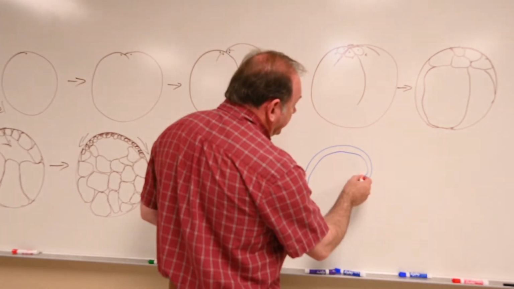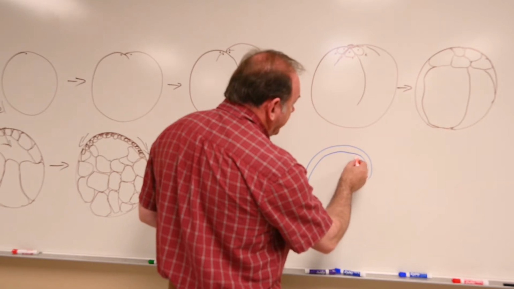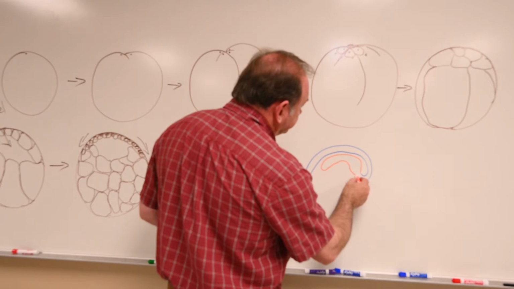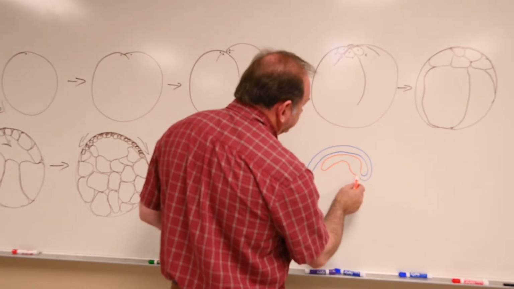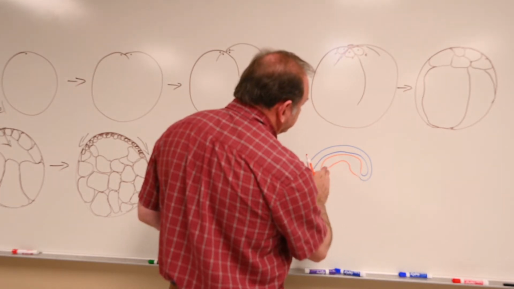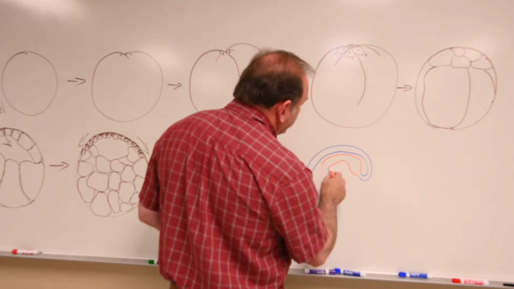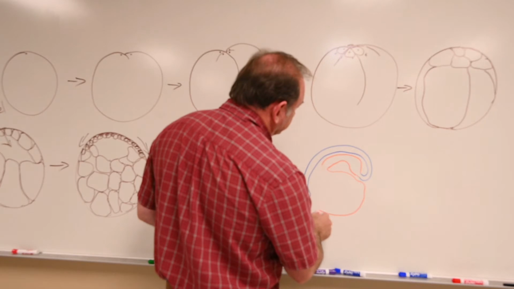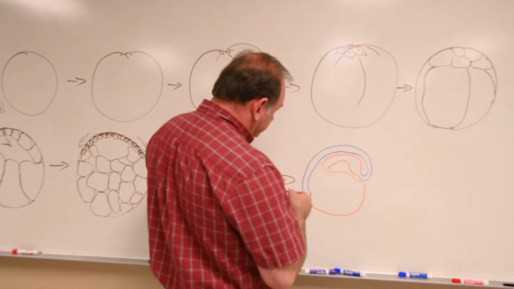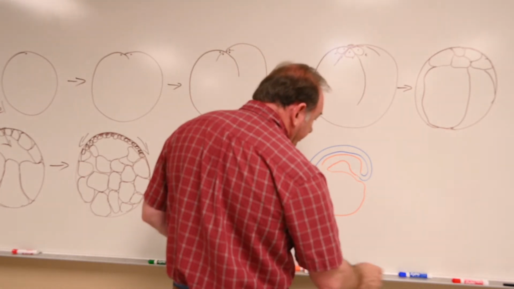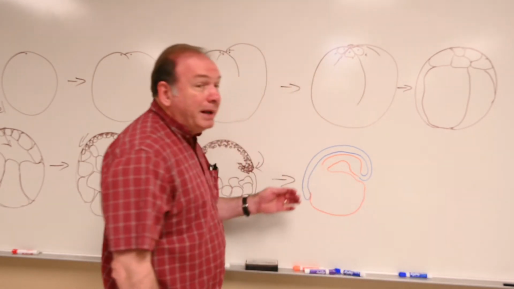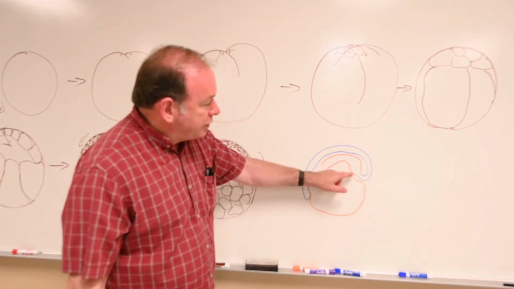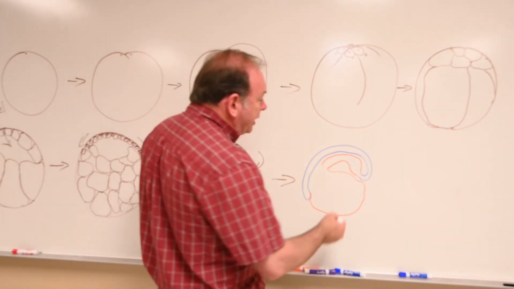Our endoderm in our orange color. Our mesoderm is going to come from an area just where this tucking in of the ectodermal cells originates, right in here.